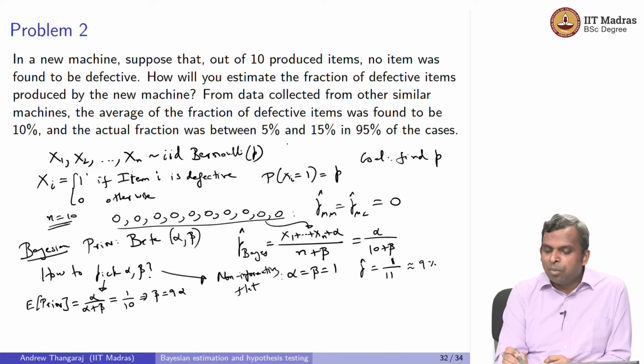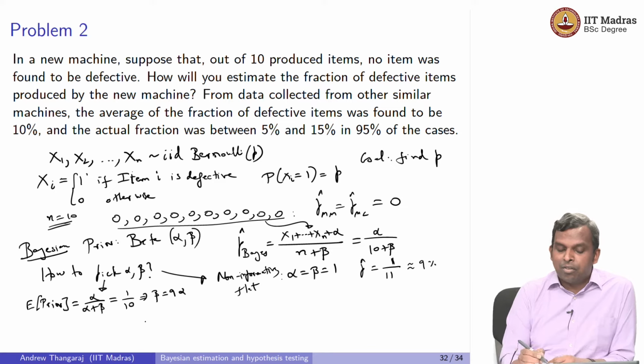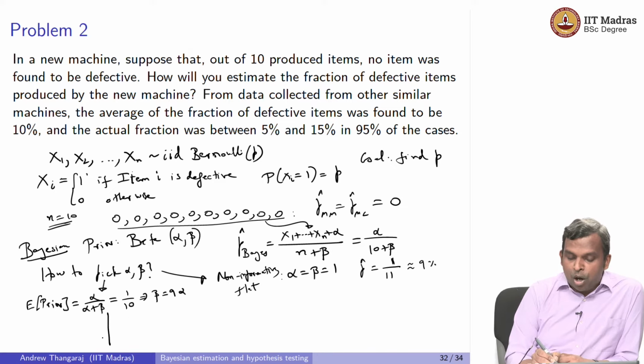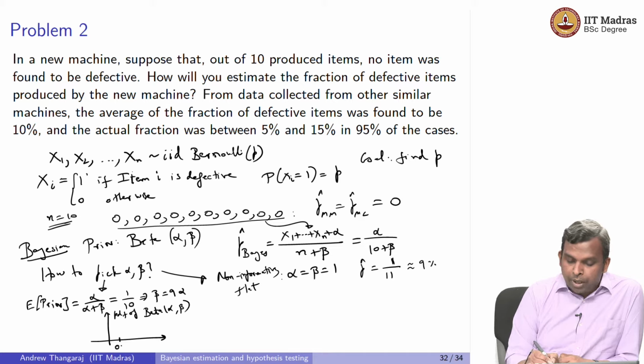Not only that, there's one more piece of information given here: 5% and 15% in 95% of the cases. So if you plot the PDF of beta alpha beta, here is this 10% or 0.1, and it has to look something like this. Beta dies from 0 to 1, we know that, and a large fraction of the area should be between 0.05 and 0.15.